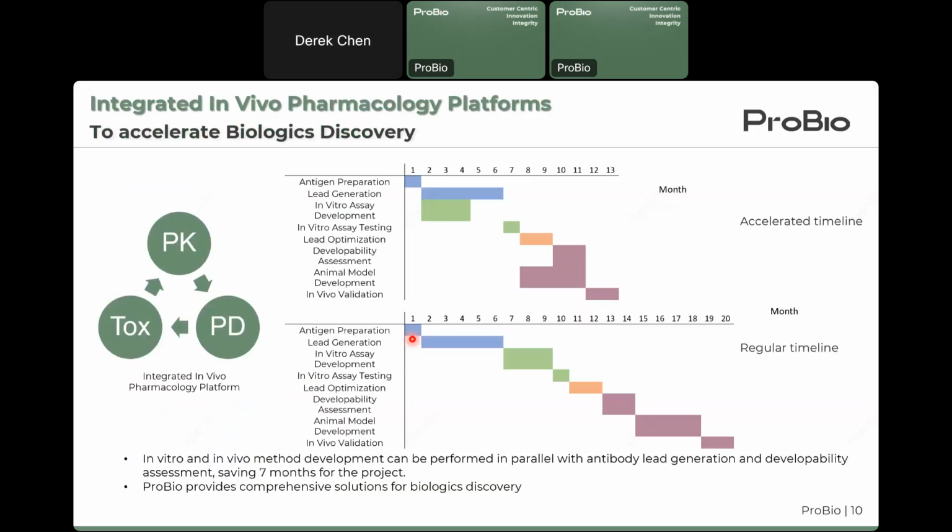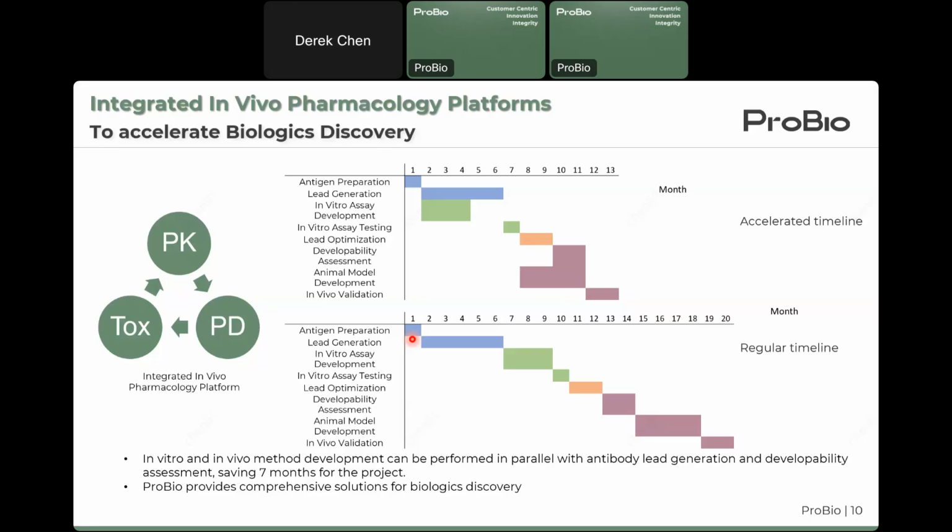So in addition to the in vivo animal services, ProBio also offers a comprehensive one-stop solution from lead discovery and engineering to pharmacology characterizations, including in vitro and in vivo PK and toxicity studies. Such integrated platforms will greatly reduce the overall timelines by conducting multiple milestones in parallel.